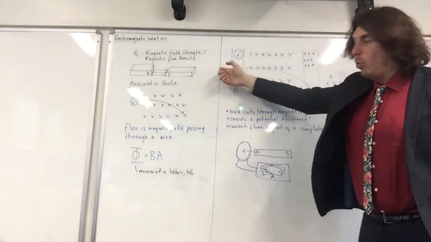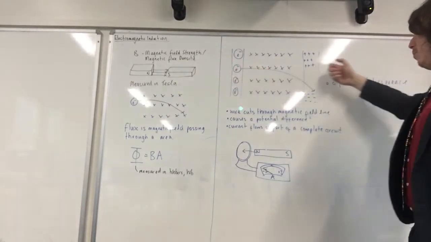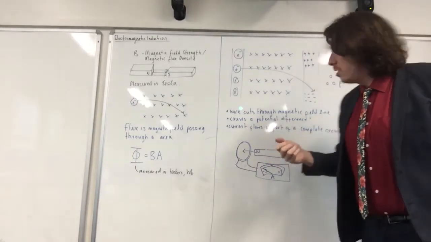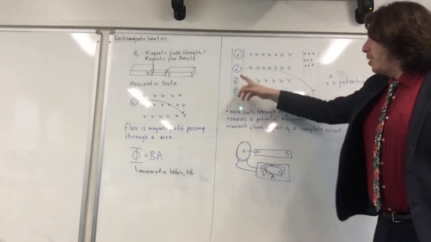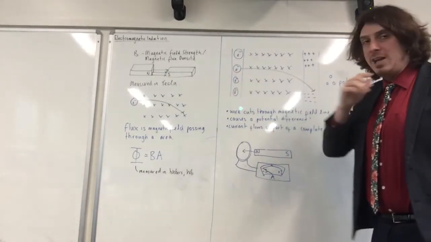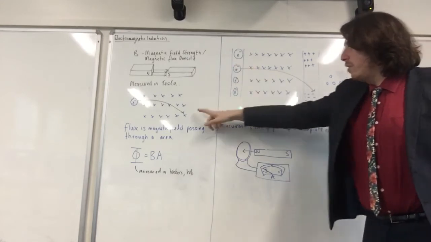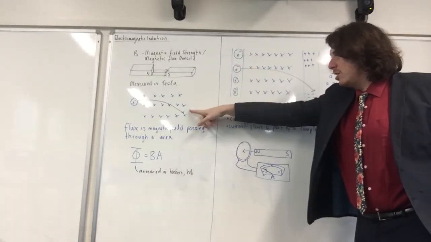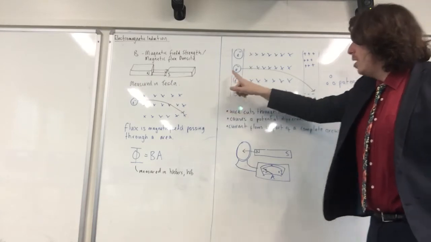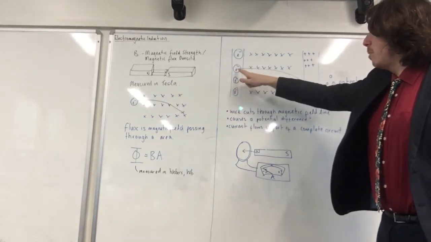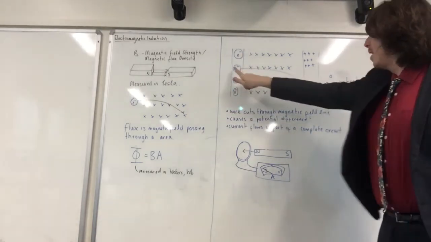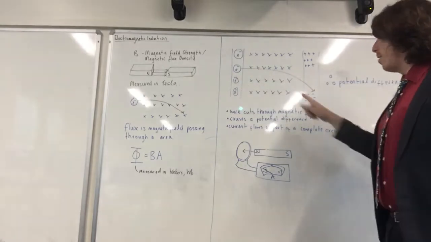If I was to grab this wire and sweep it over an area of flux, the motor effect would occur inside the wire. Even though the electrons are restricted in a wire, they will still exhibit the motor effect, and all of these electrons will follow that path when I move the wire over.